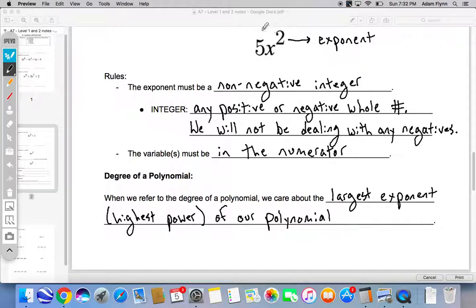So in this case right here for this monomial, we have 5x squared. Well, we only have one term, so this makes life easy on us. Our largest exponent is our 2 right here. So we would say it has a degree of 2.